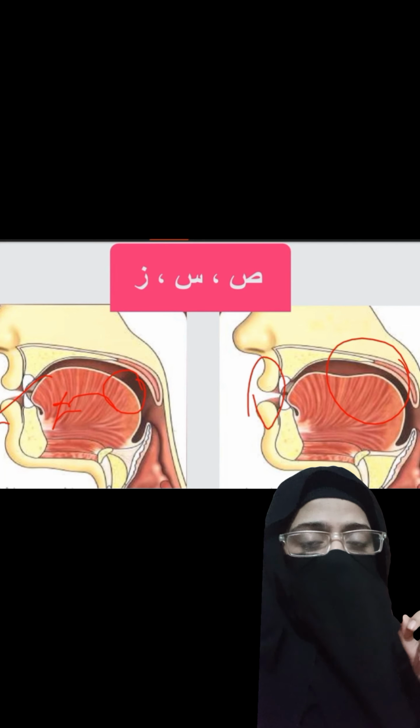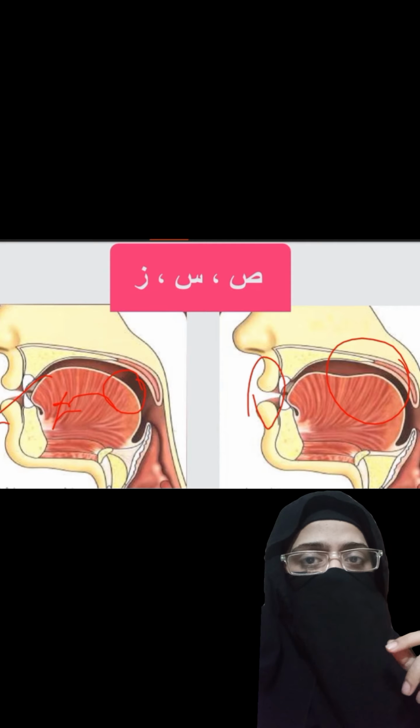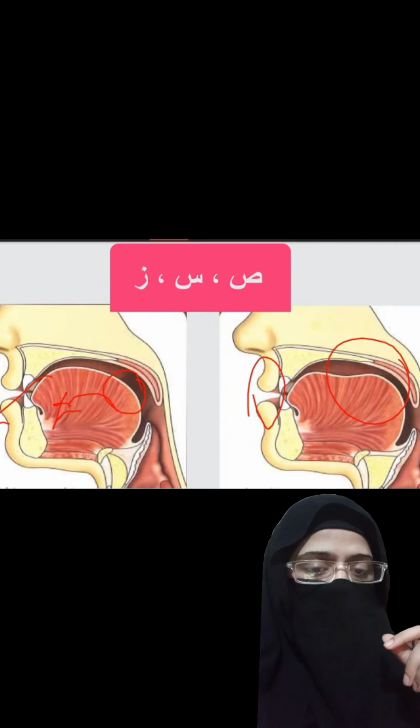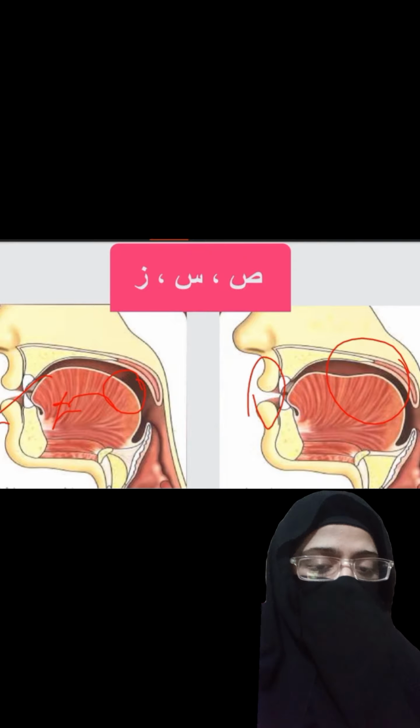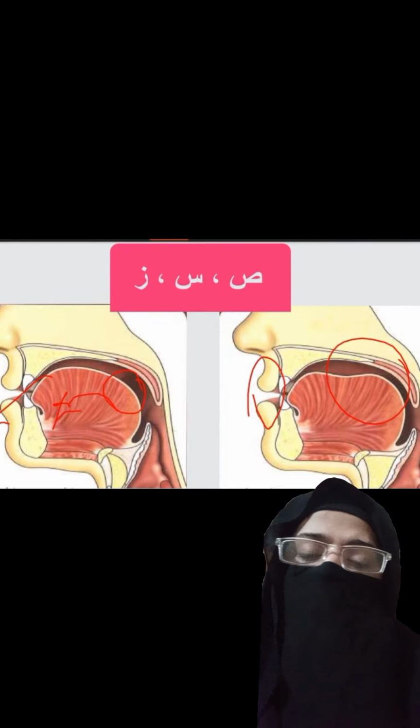If I give a tip to some teachers: do not force the whistling sound. The whistle should occur naturally through correct tongue placement. The Sod pronunciation I have to take. Sod is a heavy tafkhim letter, first.